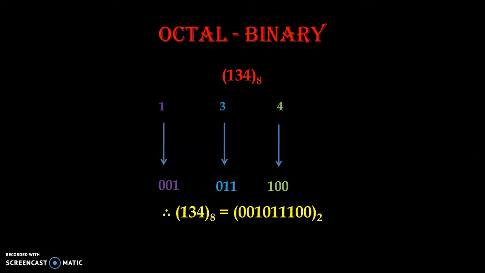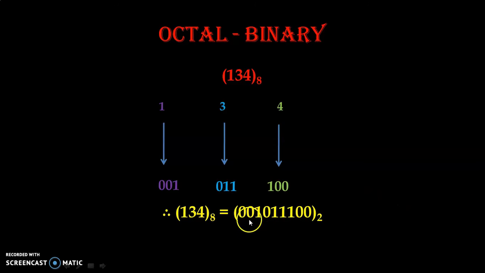But one thing you should be clear about, that zeros in the most significant bits are useless. In the least significant bits, zeros are very important. But in the most significant bits, there is no value or significance of zeros.